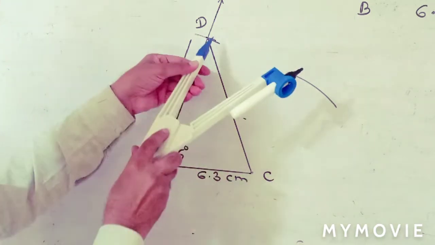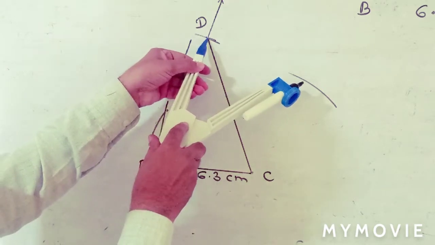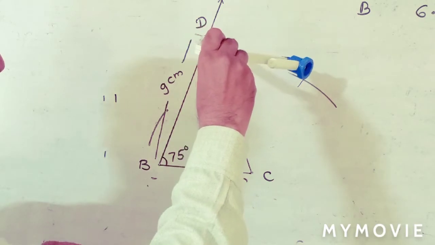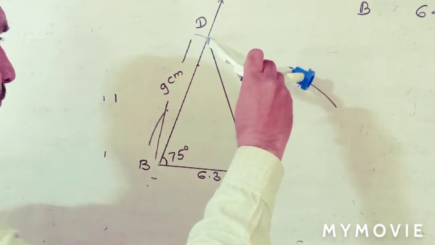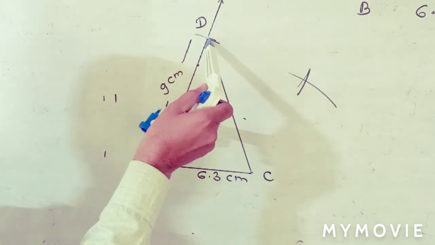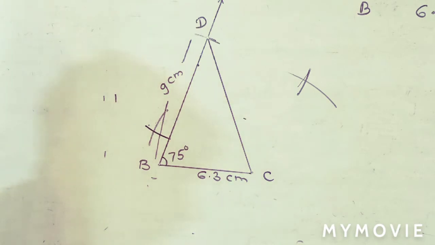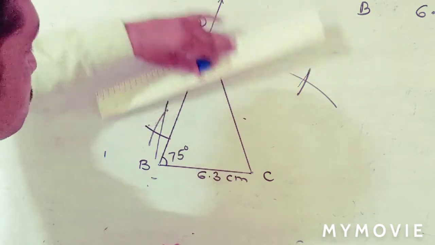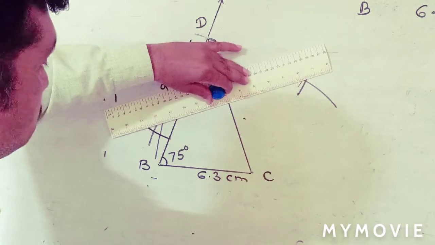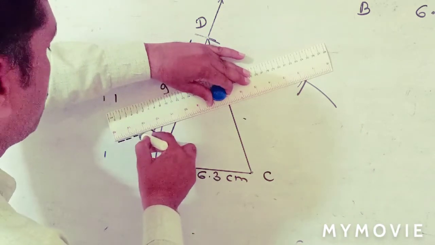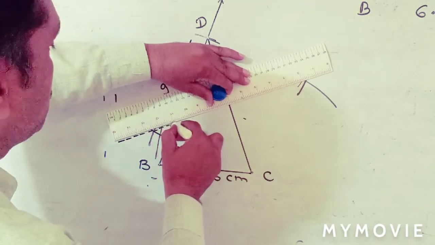By taking the same distance, without changing it, put the compass on D and let the arcs intersect. The second arc also on the left side, let it intersect. And now draw a line passing through these two intersection points.